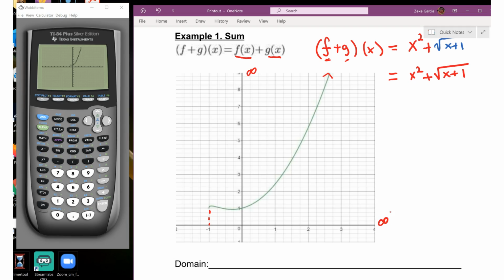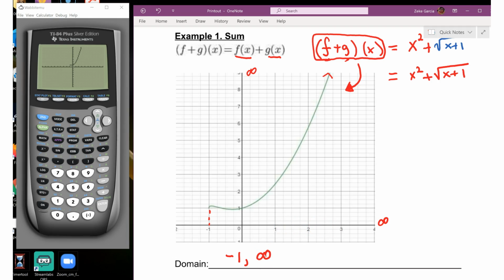So we're looking for the possible x values of this new function, which is f plus g. This is our new function, f plus g. So we know that it starts at -1, and we notice that it's going to continue to go to the right to infinity.